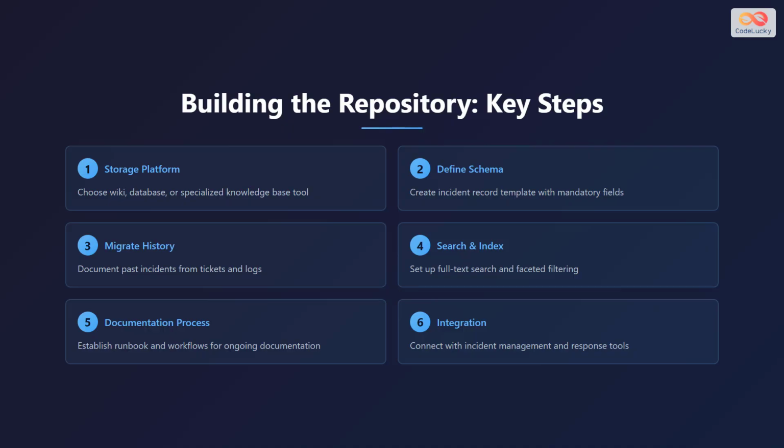Step 4, implement search and indexing. Set up full-text search and faceted filtering using Elasticsearch, database indexes, or your platform's native search. Step 5, establish a documentation process. Create a runbook defining who documents, when, the review process, and any automation triggers. Step 6, integrate with incident management. Connect your knowledge base with your incident response workflow.